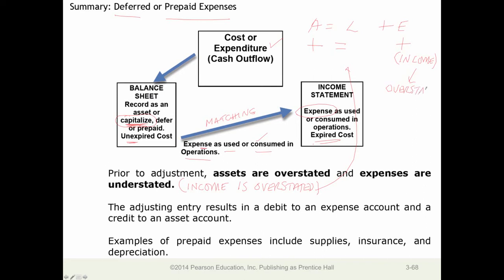Income is overstated because an expense was not recorded. And remember, this is prior to adjustment.